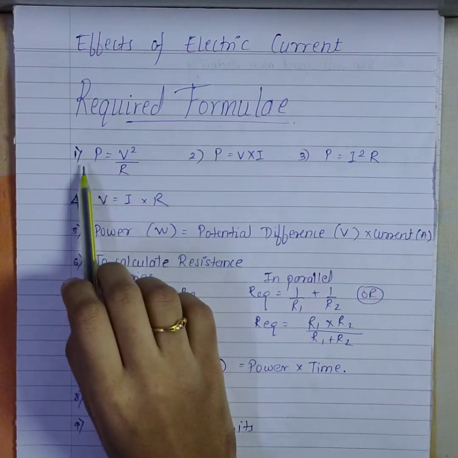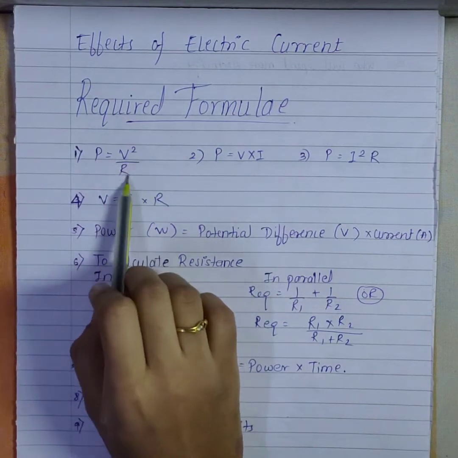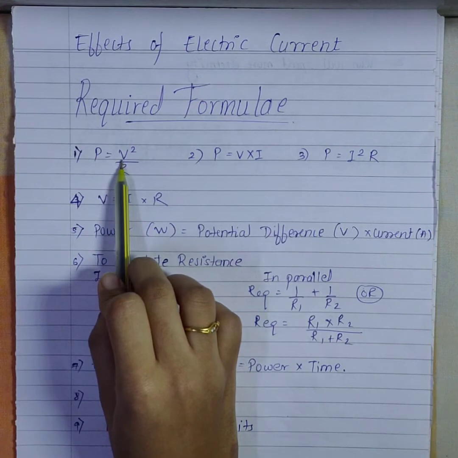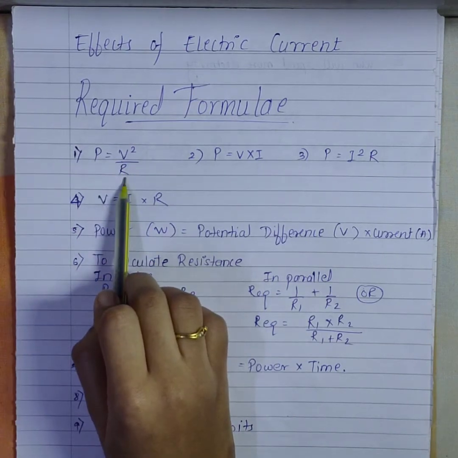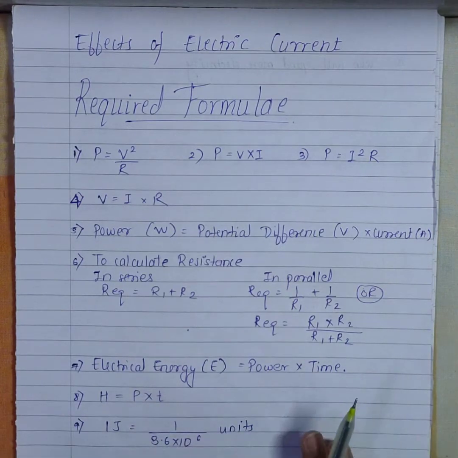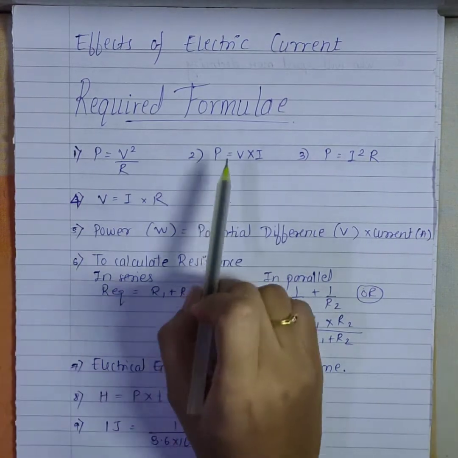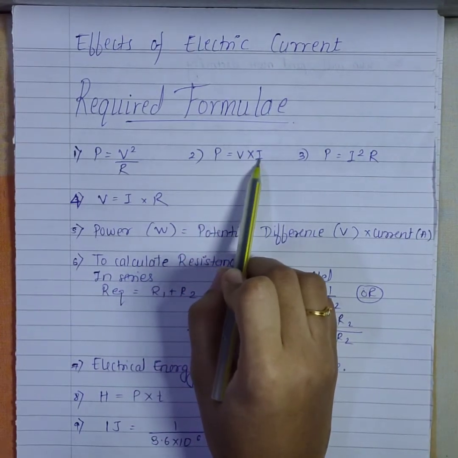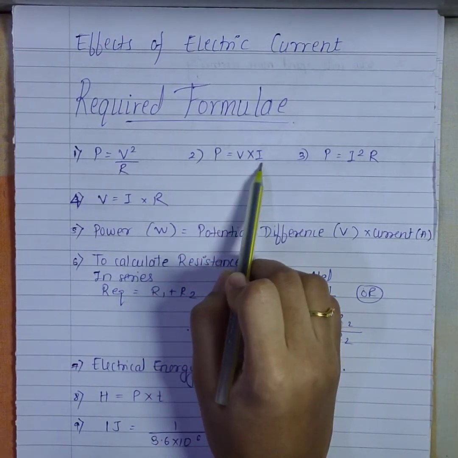The first formula says P is equal to V square by R, where P is the power, V is the potential difference, and R is the resistance, as you know. I believe that you have studied the chapter entirely before solving the numericals. P is equal to power is equal to V into I, that is potential difference into current.